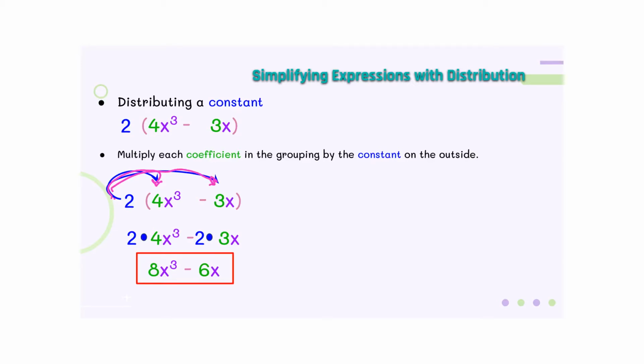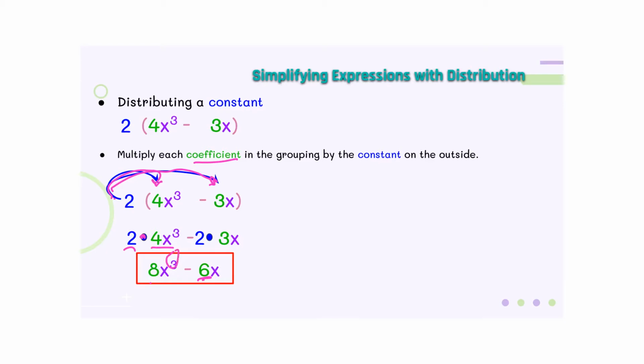So what that means is then I end up with 2 times 4x cubed minus 2 times 3x. So here I am just multiplying the constant by the coefficient in the grouping. So I have 2 times 4, which is 8x to the third, minus 2 times 3, which is 6x.